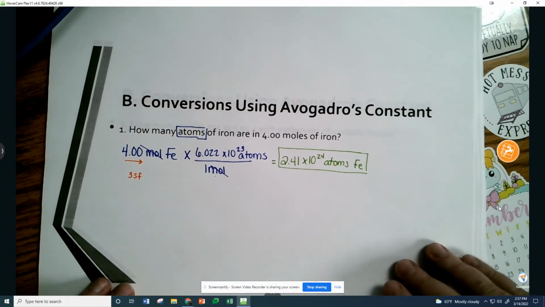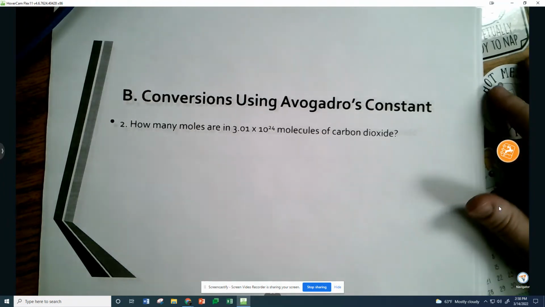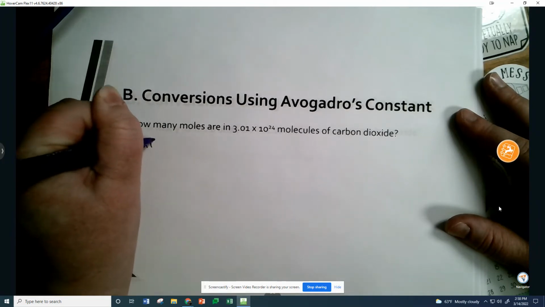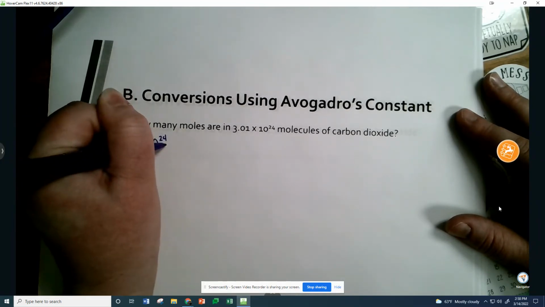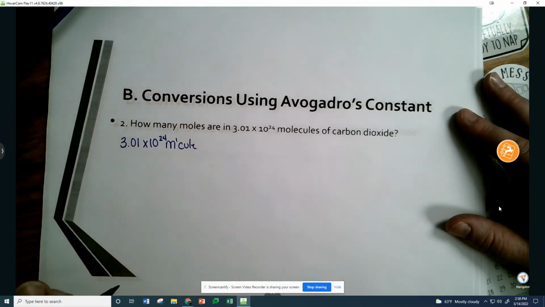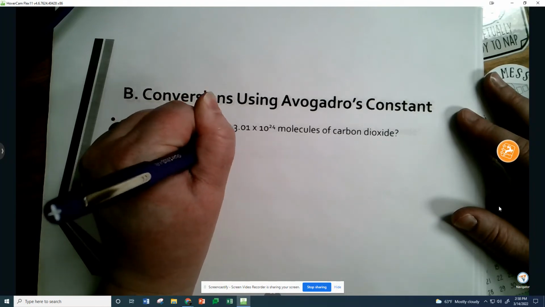In the next problem, we're working with the same constant because we are counting one of our representative particles. So in problem 2, we're given 3.01 times 10 to the 24th molecules. We do have an abbreviation, molecule, and carbon dioxide, so I'm going to include what it is as CO2.